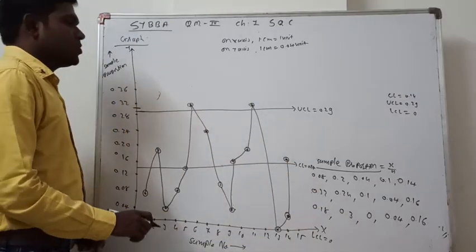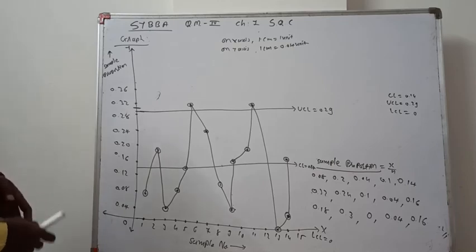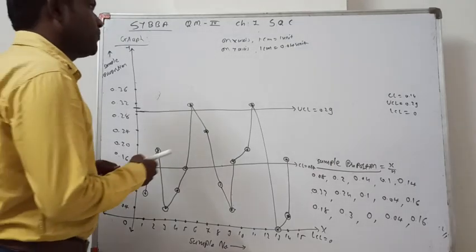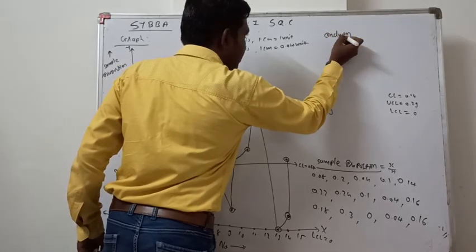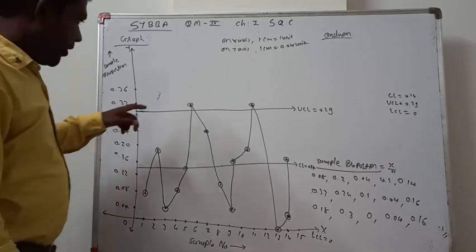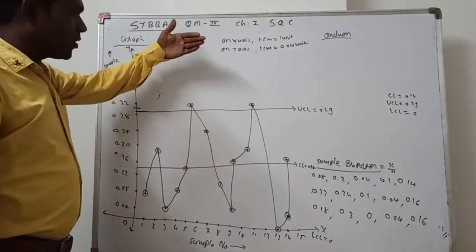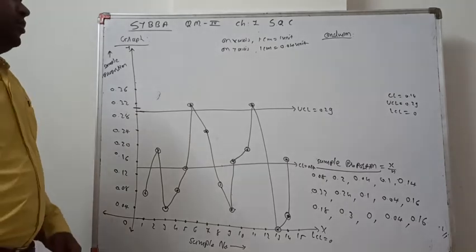So this is our graph. Now from this graph we have to give the conclusion, right? Now the conclusion is what? Here 2 points are above the upper control limit. That's why the process is not under control, right?